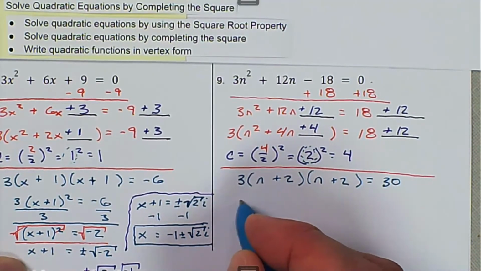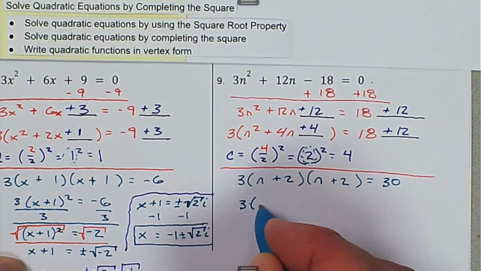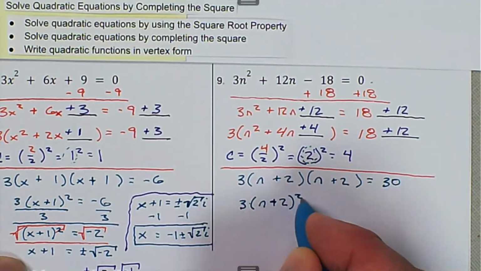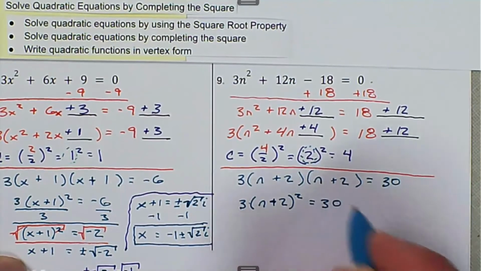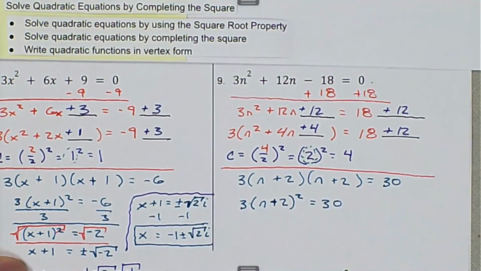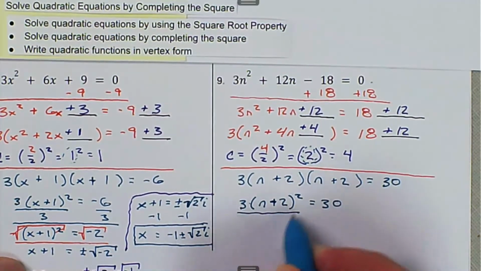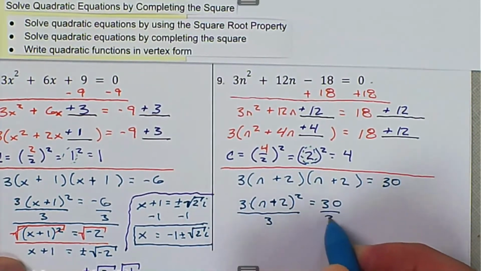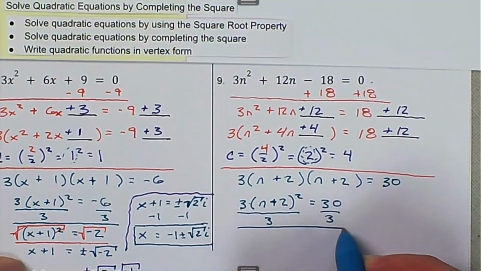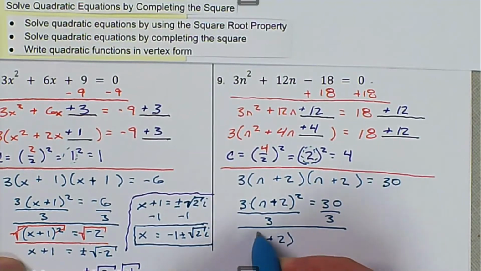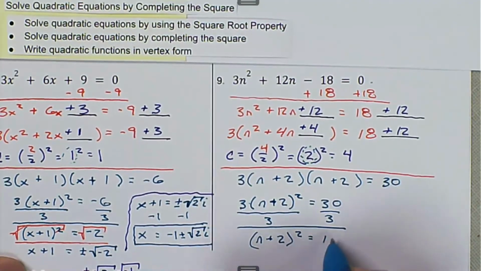We can rewrite this again. We get 3 times n plus 2 quantity squared is equal to 30. Now we can divide both sides by 3, and then we get n plus 2 quantity squared is equal to 10.